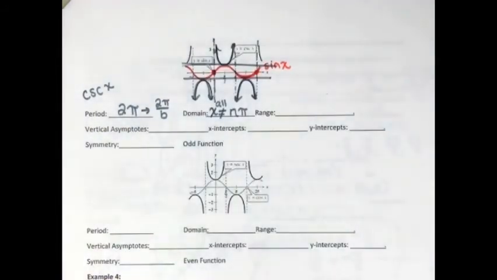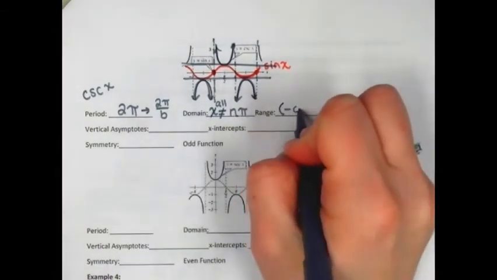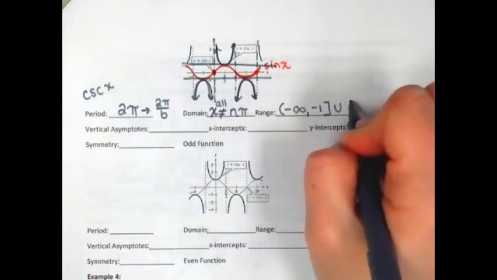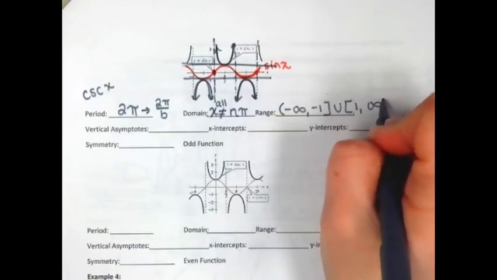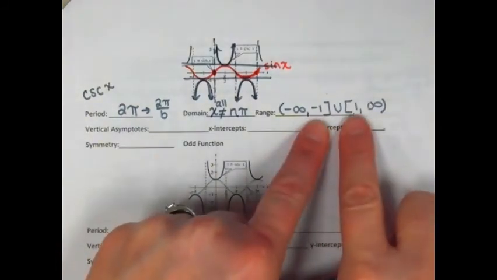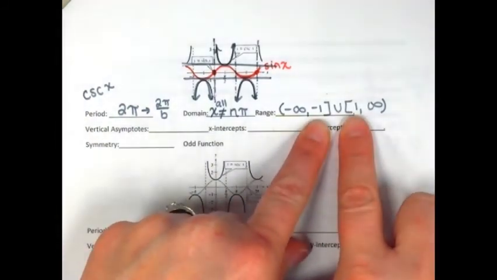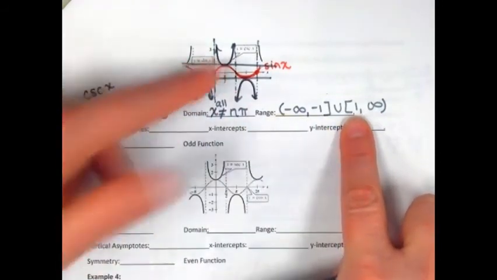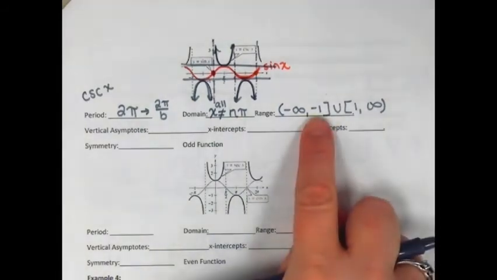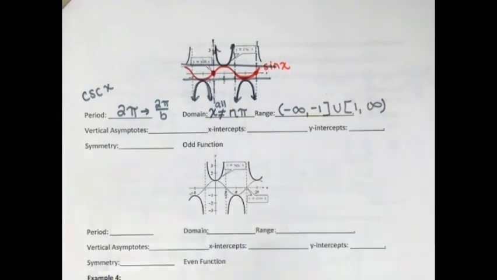So the range is going to go from negative infinity to -1, and then +1 to positive infinity. Now, if my amplitude changes, this -1 and 1 will change. If my amplitude goes to 3, my sine curve is maxed between -3 and +3, so my range would go negative infinity to -3, and +3 to infinity.